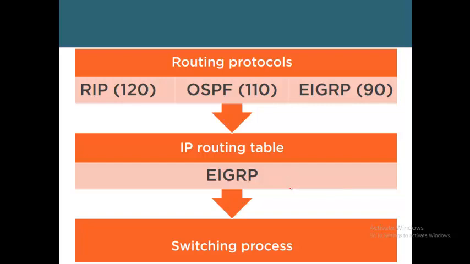Now, I want to go one step further. Sometimes in the routing table, you will see a route shown, but there is another process which is deciding whether to go on this link or that link.